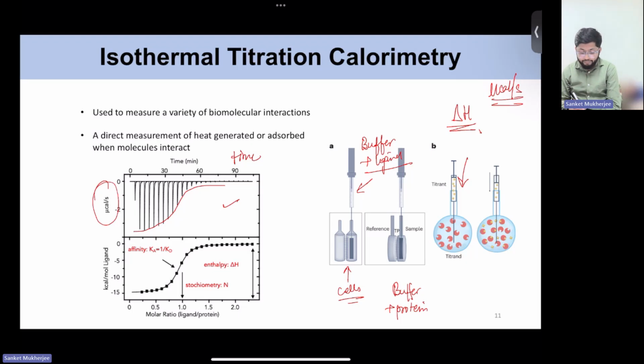And based on this, you can find out the affinity of your ligand or substrate to the enzyme. Affinity of substrate to enzyme is known as Km, through Michaelis-Menten kinetics.